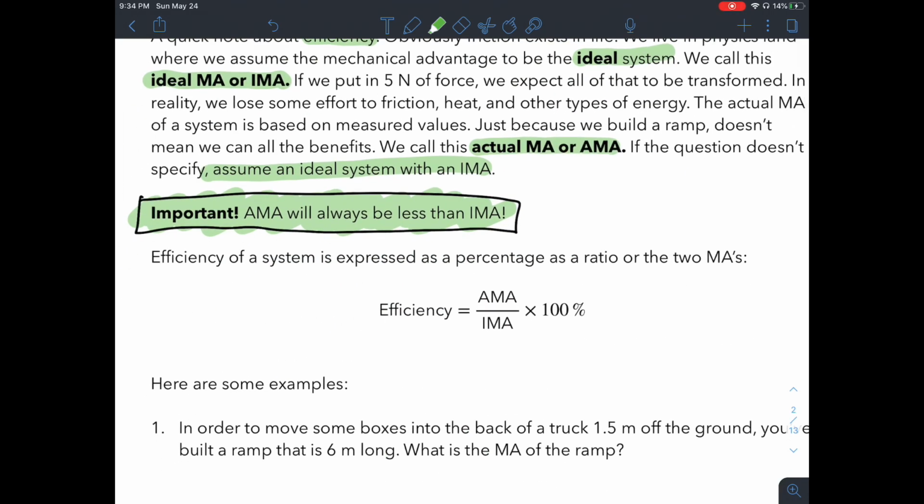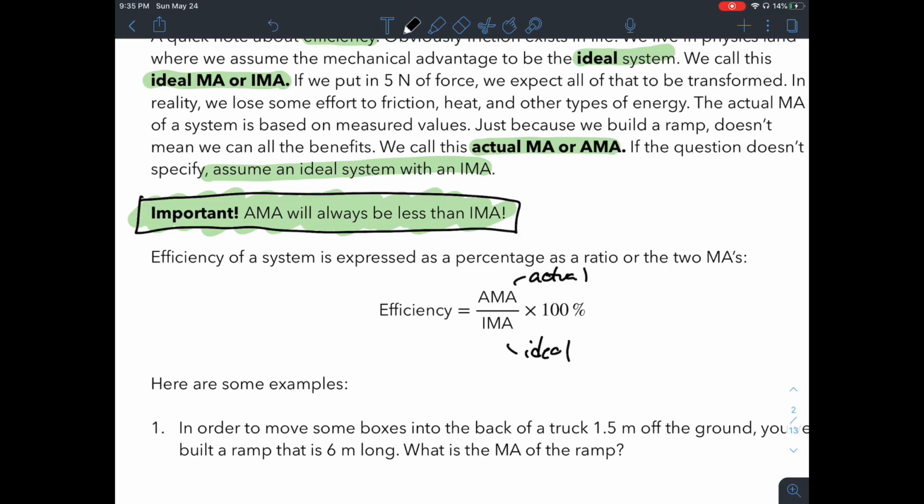In order to calculate the efficiency of a system, it's expressed as a percentage, as a ratio of the two mechanical advantages. So our actual divided by our ideal, multiplied by 100%. This is a percentage. It is the ratio of how good your system is compared to what you expect it to be.